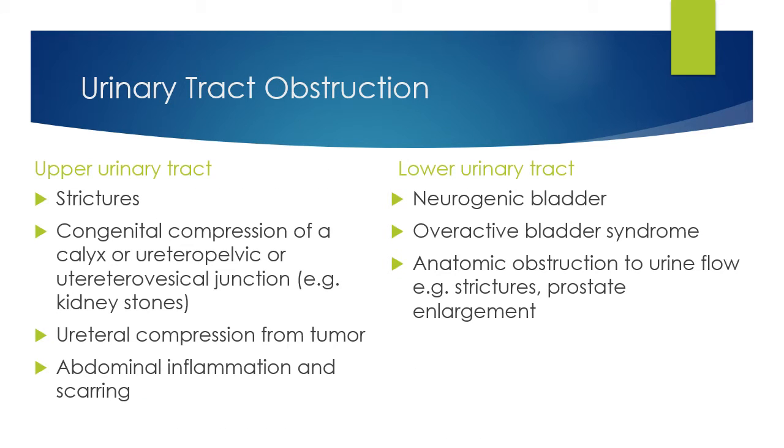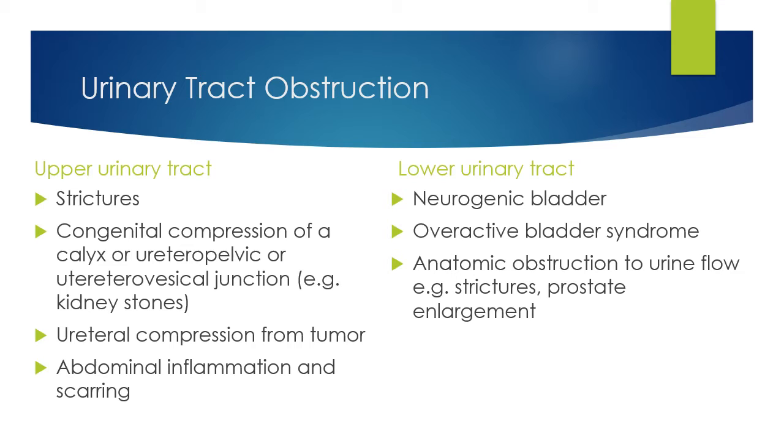So for upper urinary tract obstruction, strictures can be a cause, kidney stones, compression from a tumor, or some kind of abdominal inflammation that leads to scarring and causes compression that way. And then the lower urinary tract obstruction is going to be caused by a neurogenic bladder or an anatomic obstruction.